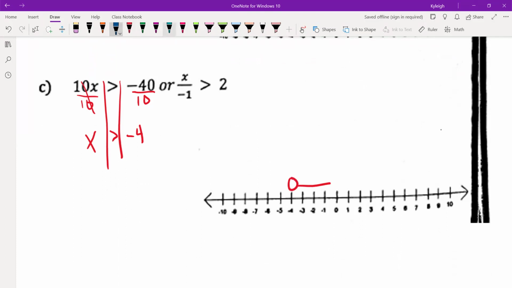Okay, this next one, we have to multiply by -1 on both sides. So we get x less than -2, because we multiply by a negative, this flips. So now it's facing that way. So we'll have an open circle at -2. Then they're real close to each other, facing in. That's because our "or" turned into an "and" when we divided by that negative. So just because it says "or" doesn't mean which way it's going to be.